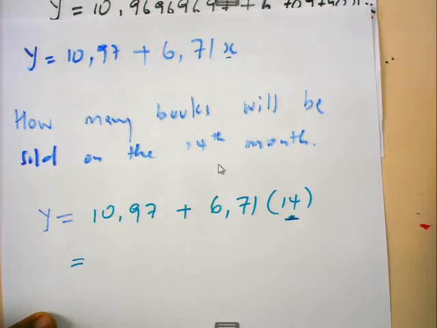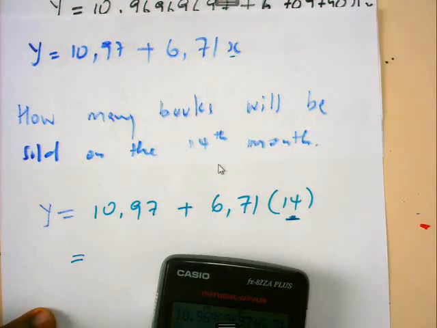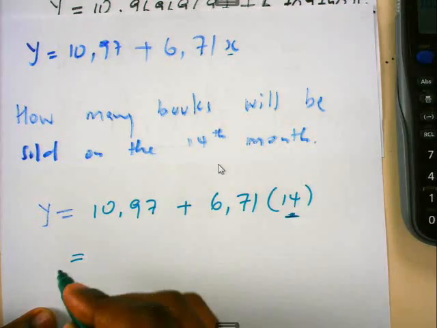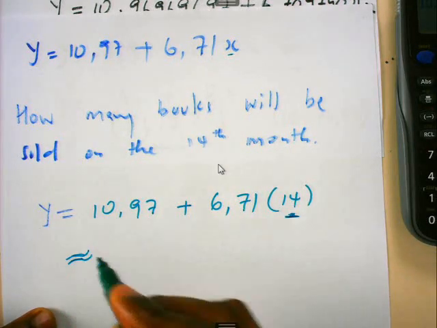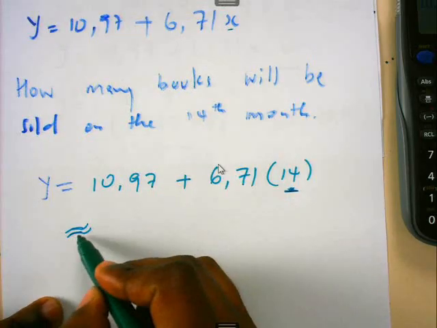So we just go to your calculator here. On your calculator, you insert everything and the 14th month. And how much do you get? Because this is an estimated value, look at the sign I use there.